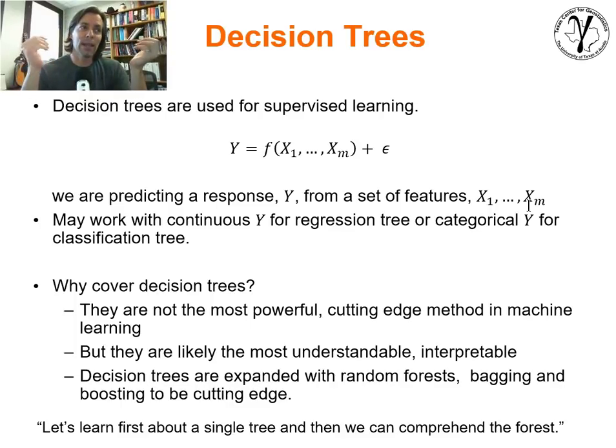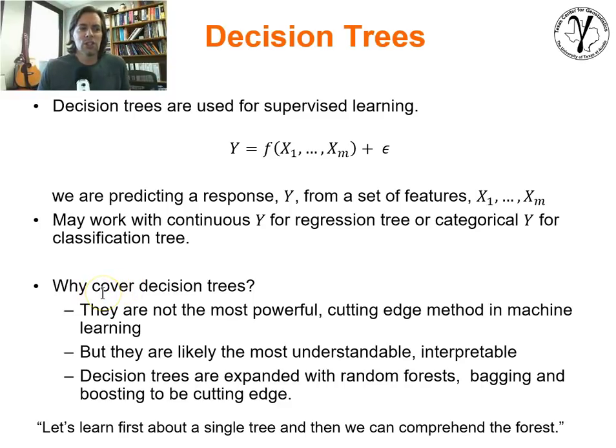It could be more complicated than that, but for our purposes right now, we keep it pretty simple. And of course, we could work with a continuous response or a categorical response. The continuous response, we would call it a regression tree. Categorical response, we would call it, in fact, a classification tree.